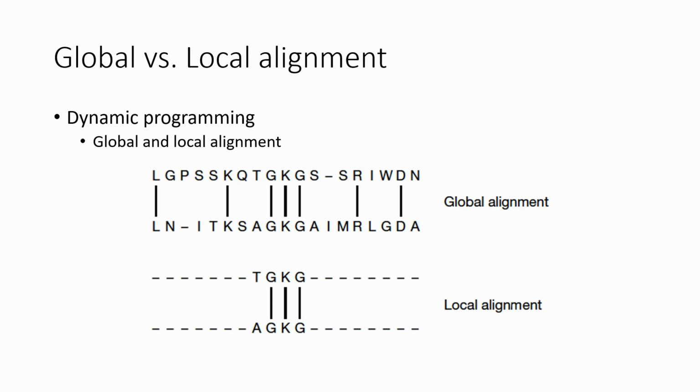Global alignment is dynamic programming, and dynamic programming is a method that determines optimal alignment by matching two sequences for all possible pairs of characters between the two sequences. It is fundamentally similar to the dot matrix method in that it also creates a two-dimensional alignment grid.